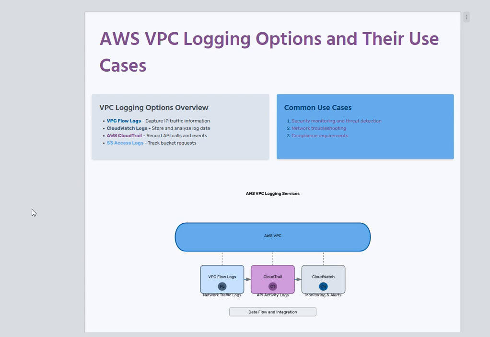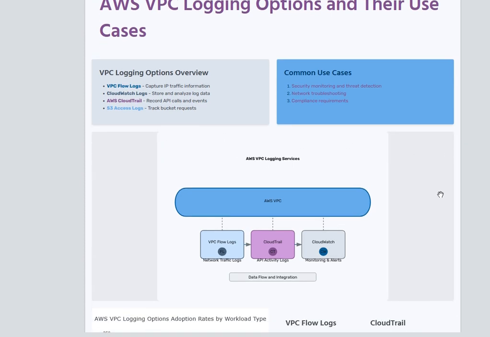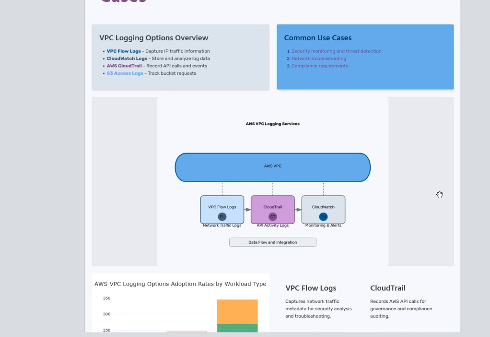For common use cases, there's security monitoring and threat detection, and network troubleshooting. If some service is not working, you can use these. And then there are compliance requirements. So you collect the logs and fix your problems.